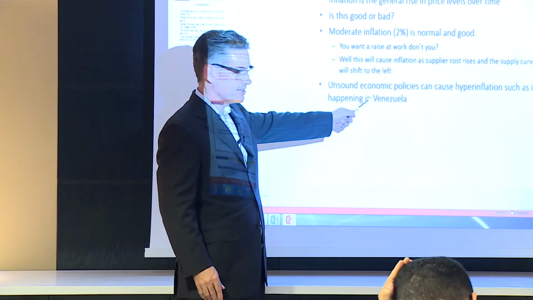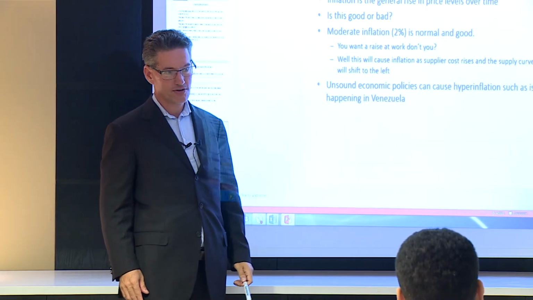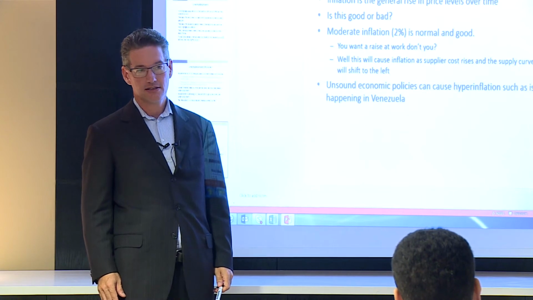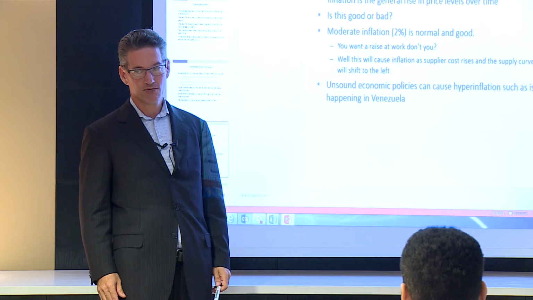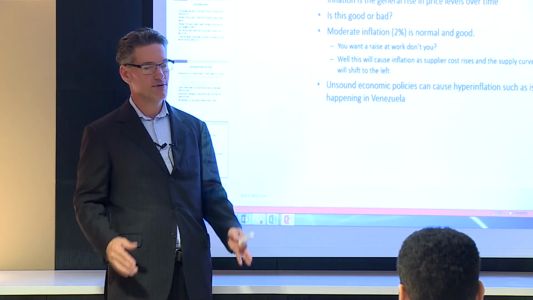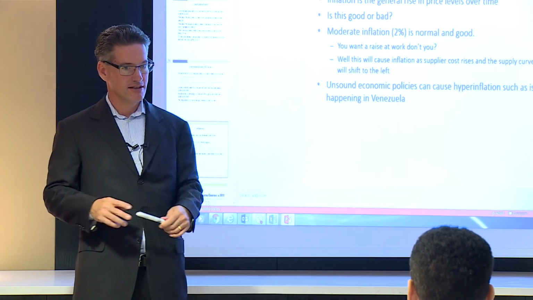Now, Venezuela is a crazy, crazy case. Do you guys know how high their inflation rate is over there? It's changing day to day. Yeah, I heard a number that was above 8 million recently. 8 million percent in 1 year. I've heard 10,000% in 1 day.